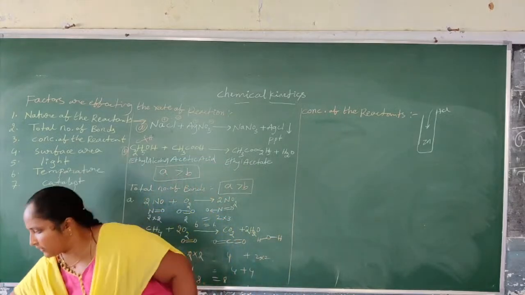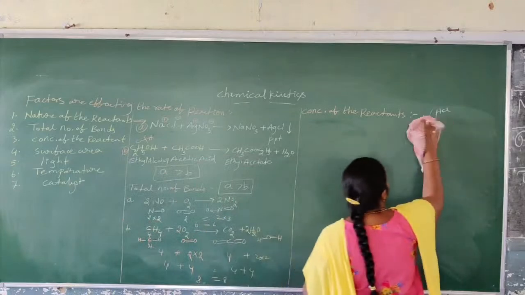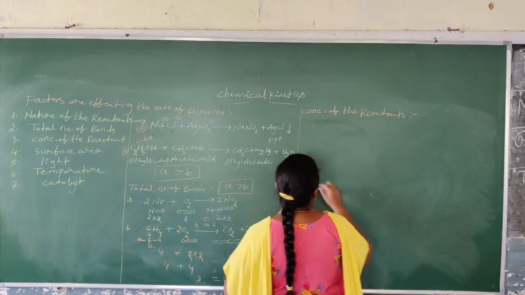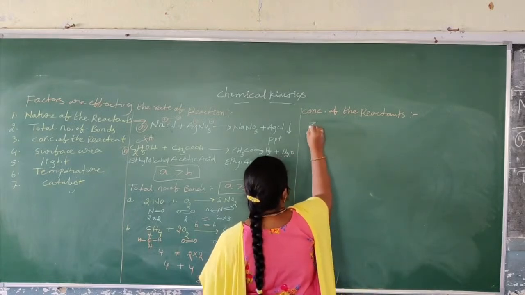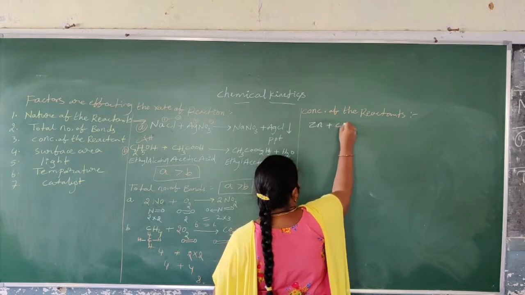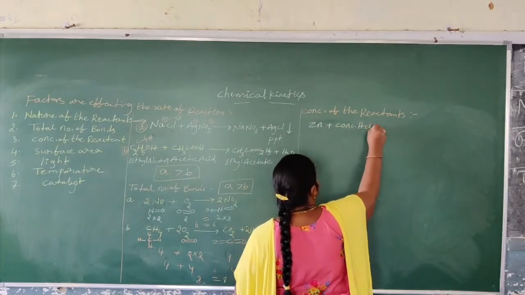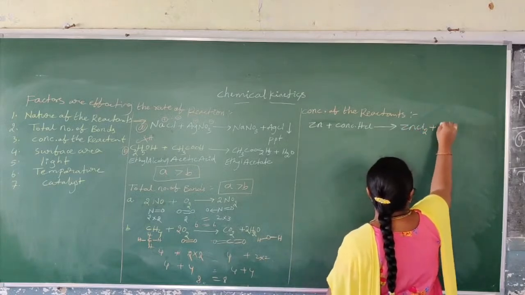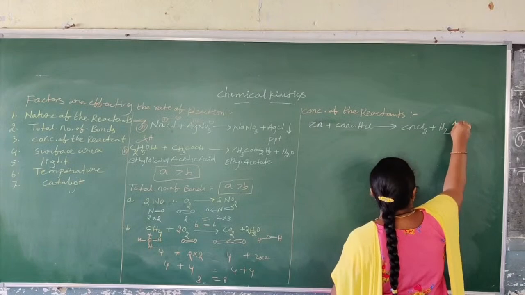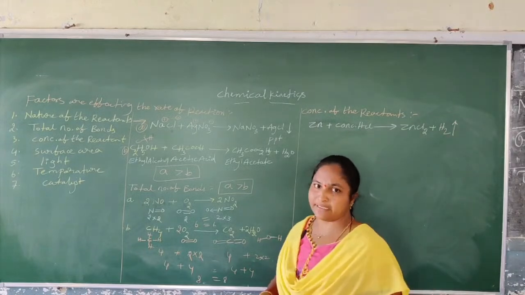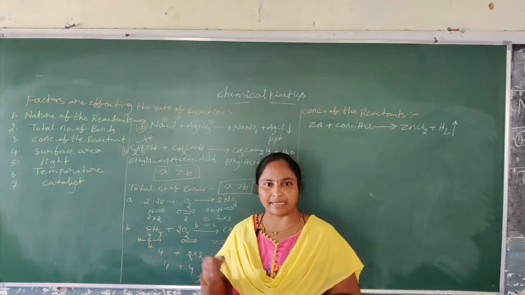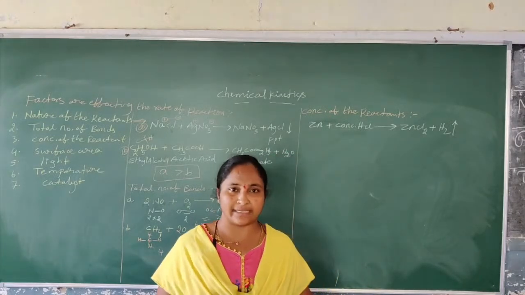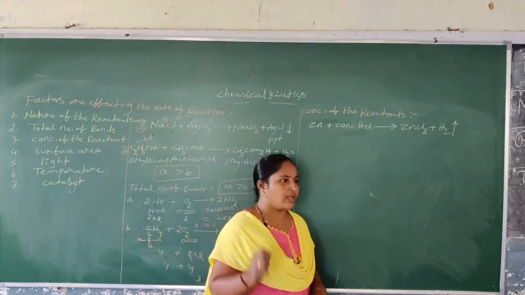Zinc reacts with the concentrated HCl, and we get zinc dichloride plus H2 gas. The release of H2 gas is tested by keeping a burning matchstick at the mouth of the test tube. We get a pop sound, which indicates the reaction releases H2.